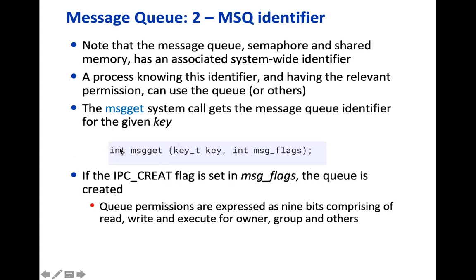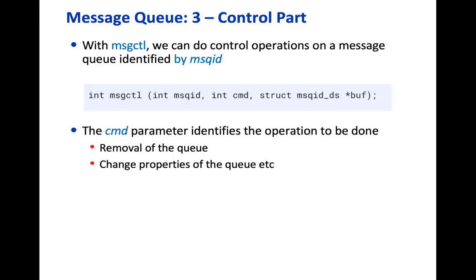Similarly, the client process can run this, set appropriate parameters, and it will also get the QID. Once both of them have the QID, they can communicate. There is another system call which we will not discuss, used when the message queue is to be deleted or some parameters need to be modified.